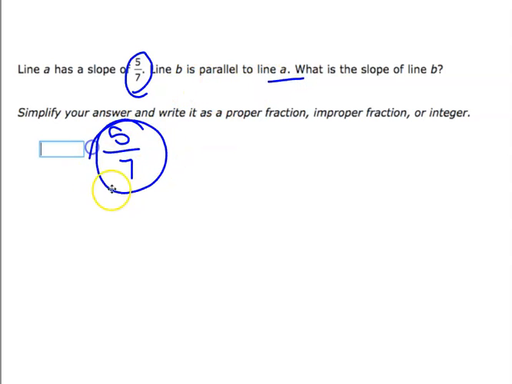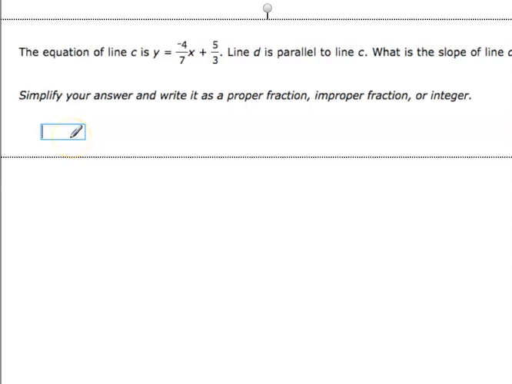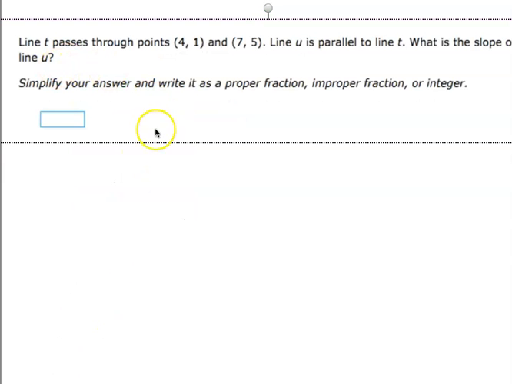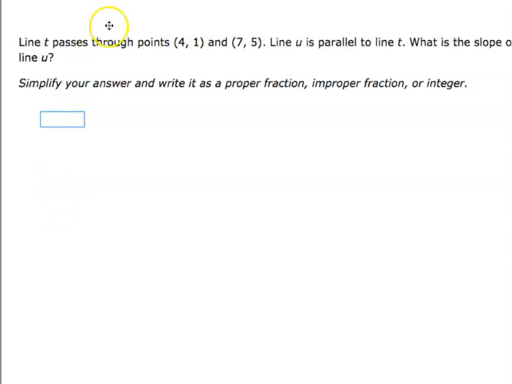Parallel has the same slope. So the slope is going to be -4/7, not x, just -4/7. The next example, we have to find the slope first, and then because it's parallel, it's going to be equal. So the slope is 5 minus 1 over, because it's y2 minus y1 over x2 minus x1. So we get it to be 4/3.